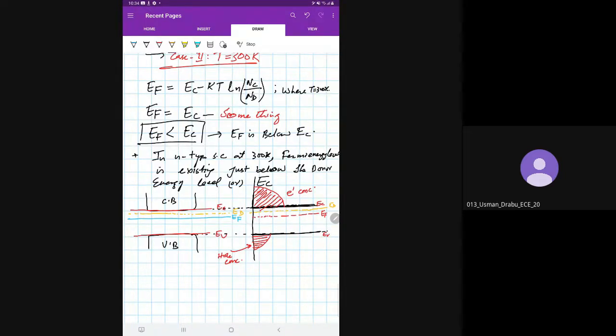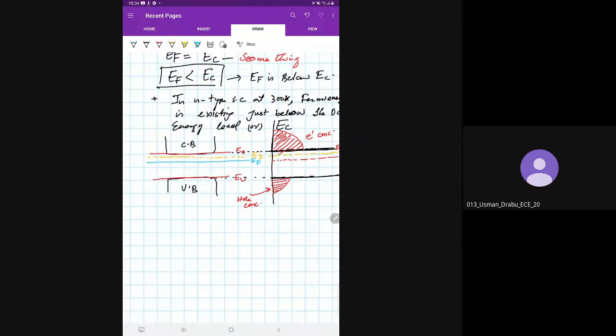Now see, if we draw a combined energy diagram showing the Fermi level, the concentration of holes and the concentration of electrons, this is how we can draw it. A combined diagram showing the concentration of holes as well as the concentration of electrons.